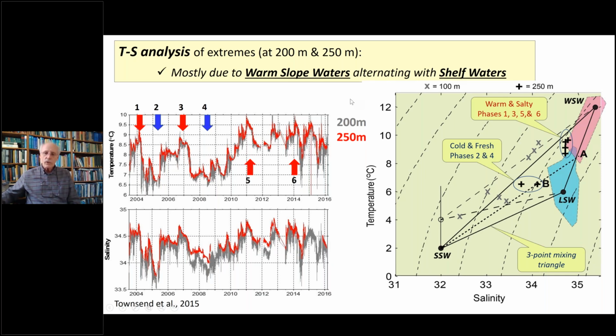Labrador slope water, which used to be a part of this thinking, and is shown here down in this TS diagram, has only a minor influence now in the Gulf of Maine, and after the 90s and 2000s, it seems to be low, variable, and not correlated with anything we can find. Certainly not the North Atlantic Oscillation, which was heretofore thought to be the case.